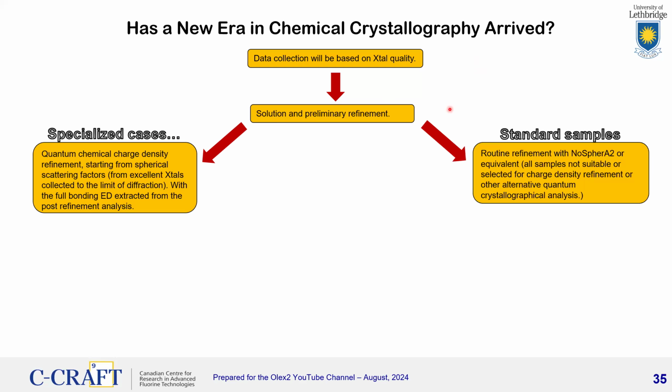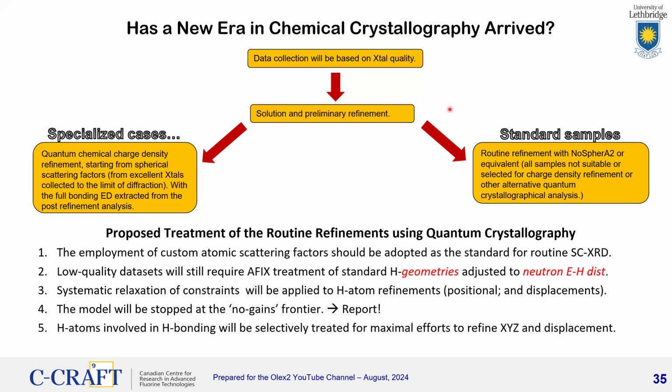But for all the rest, the standard samples that are reasonable quality, you can routinely employ NoSpherA2 for using custom scattering factors. So what I suggest is that you employ custom atom scattering factors as a standard routine for single crystal structures.